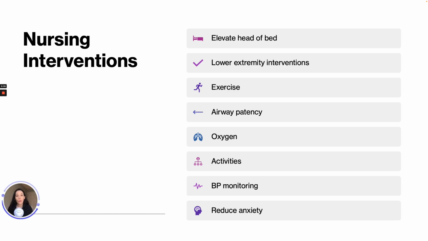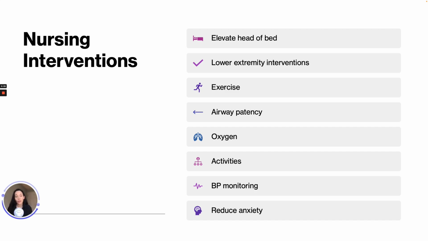We can support airway patency by maintaining a patent airway, keeping the head in the neutral position, elevate the head of the bed slightly if tolerated. Use airway adjuncts as indicated. We can support the patient using oxygen, using nasal prongs, a mask, intubation, or a ventilator. We can support activities, so we can plan activities to provide uninterrupted rest periods and encourage involvement within the individual tolerance and ability of the patient.